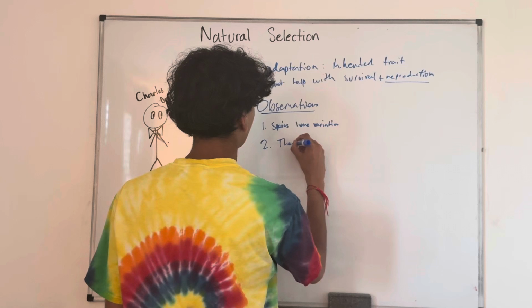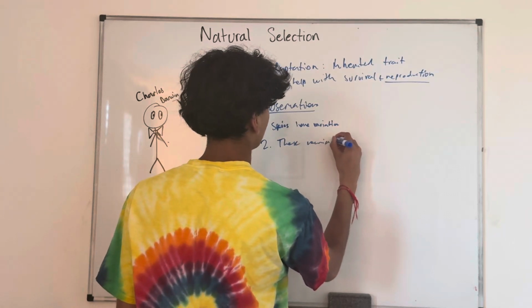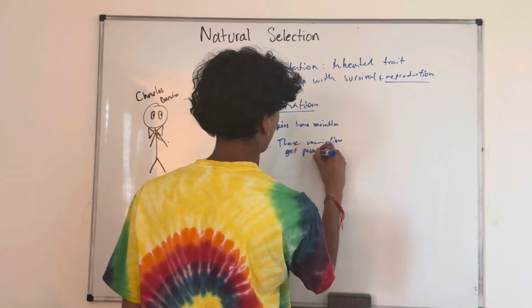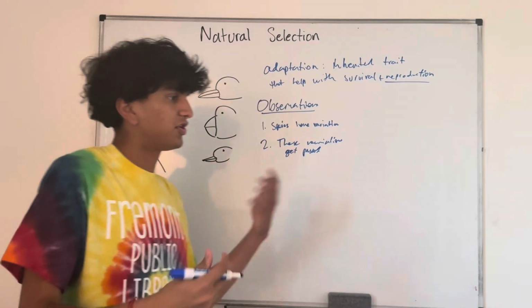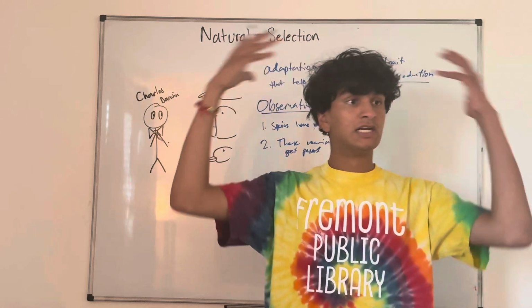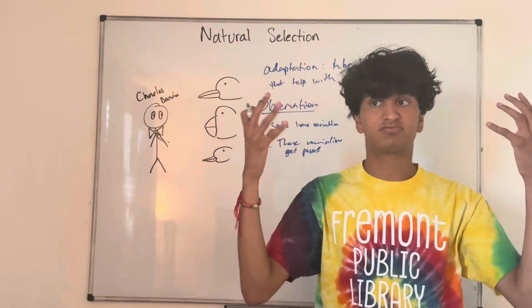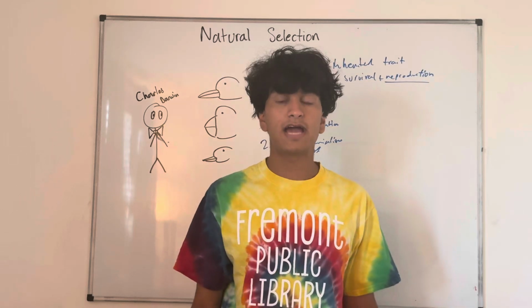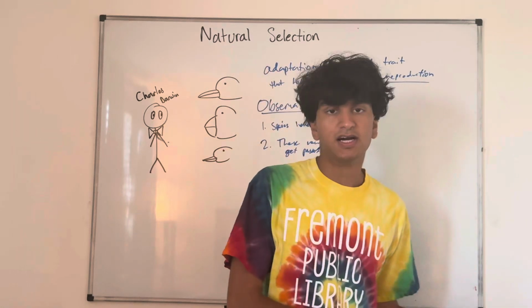But these variations get passed down. The easiest way to think about it is just think about humans. We have certain eye colors, hair types, hair color, skin color. That gets passed down to our kids.